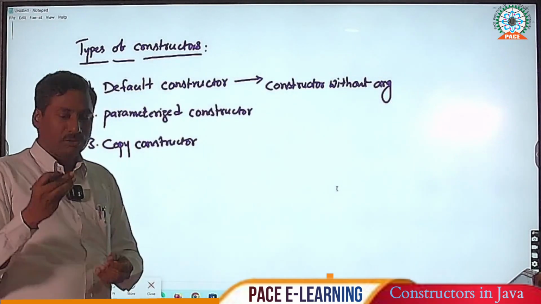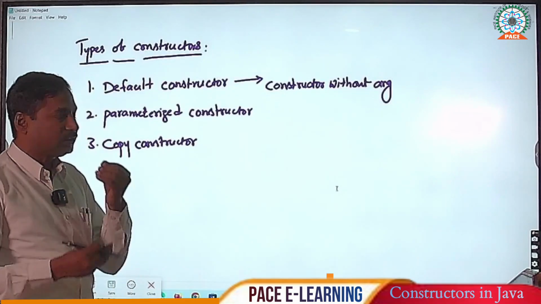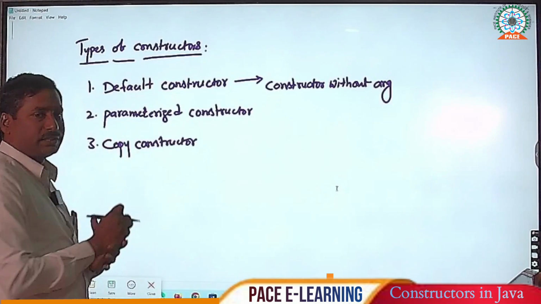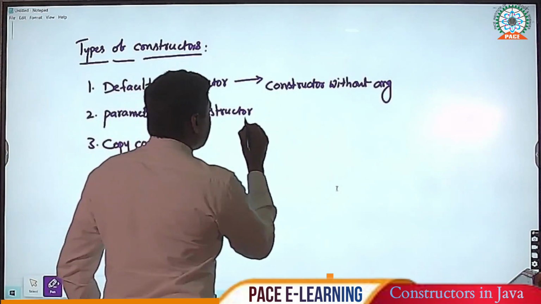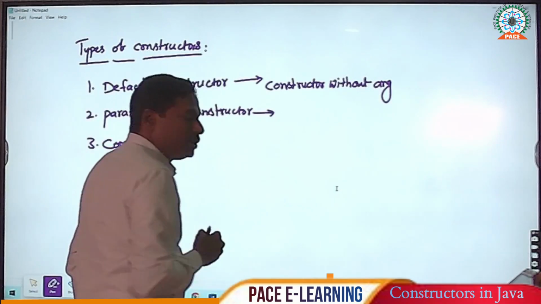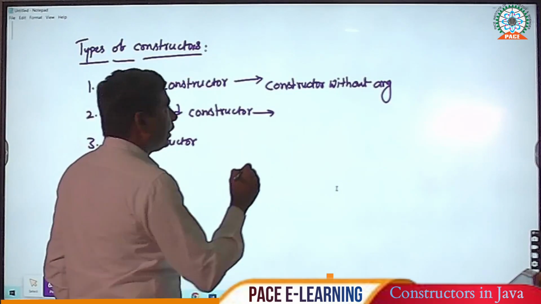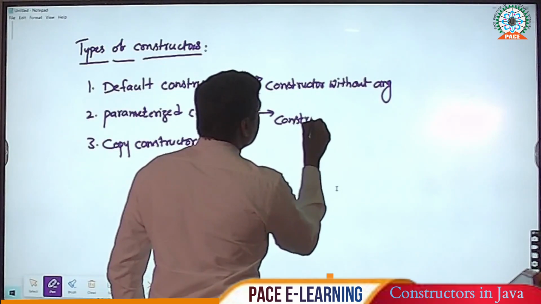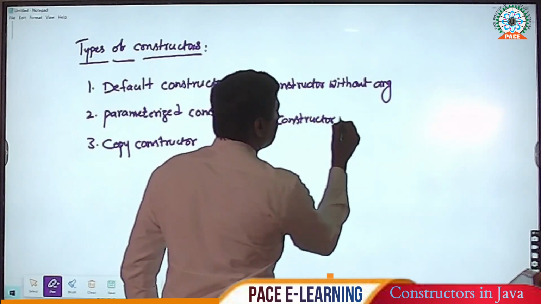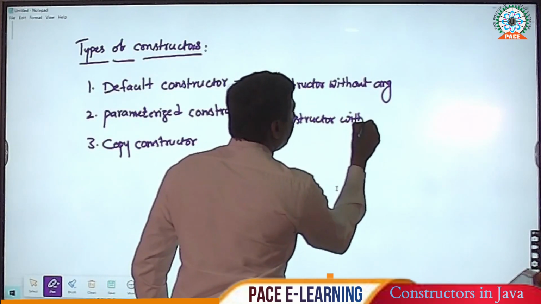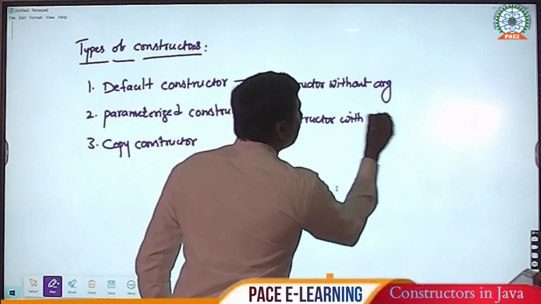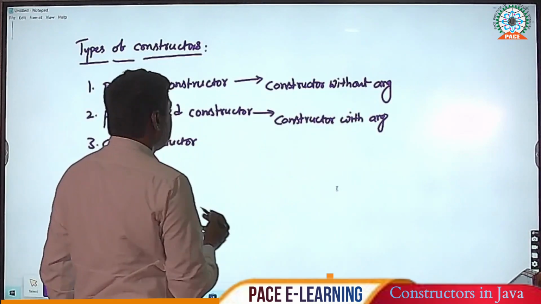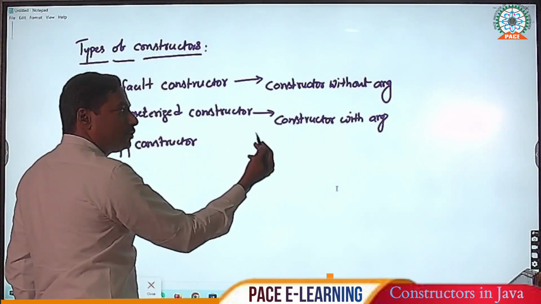If you want to fill your object properties with different values for each object, then you have to go for a parameterized constructor. So a parameterized constructor is a constructor which accepts arguments. It is a constructor with arguments. Default constructor is without arguments. Parameterized constructor is with arguments.